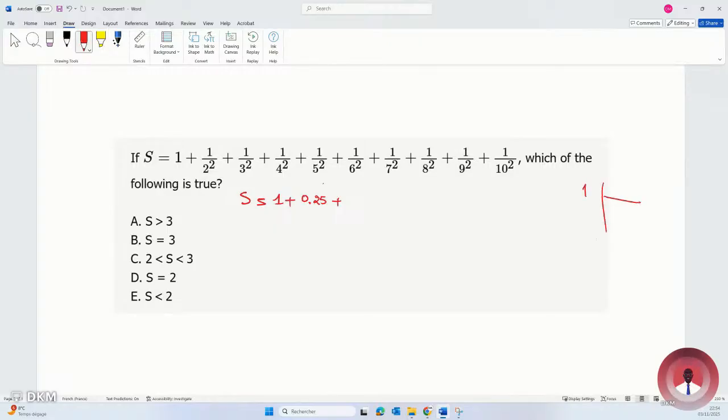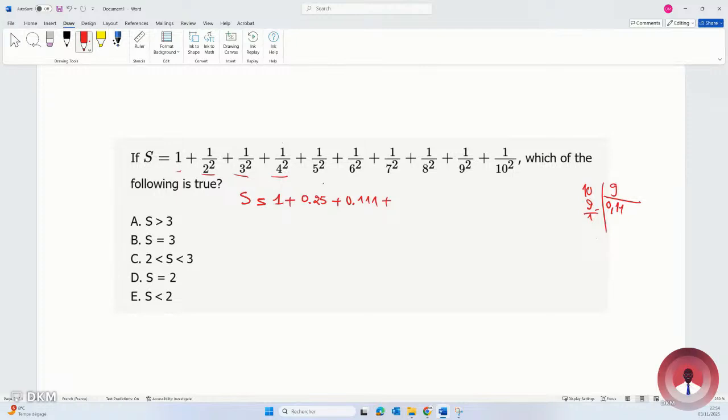So 1 divided by 9 is something like 0.111.